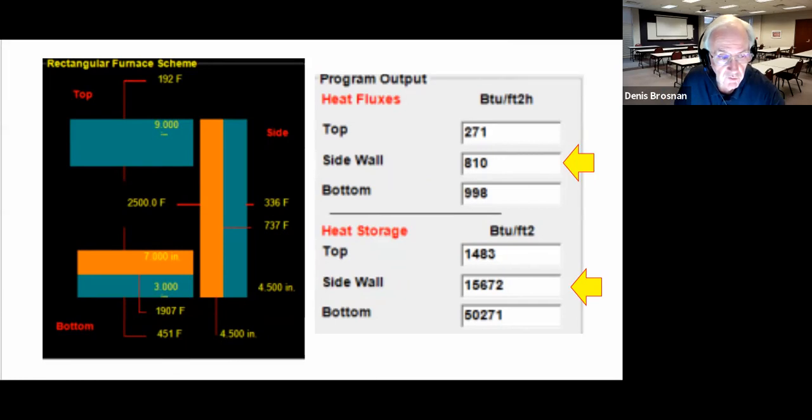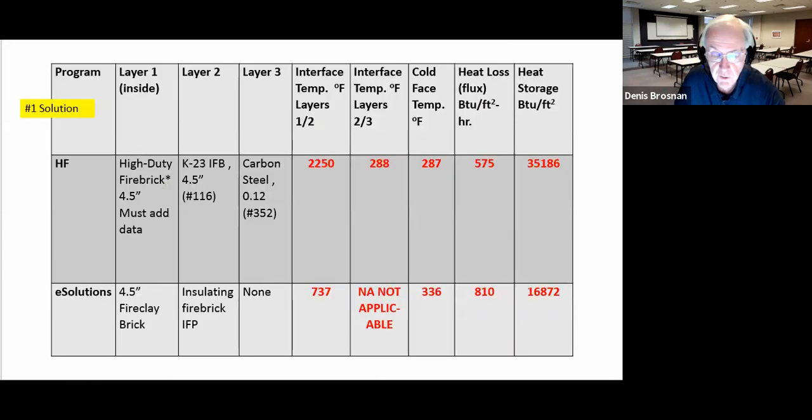So that gave us a couple of places that we could enter the data. And what we find is that when we do these, for reasons that are hard for me to explain, they get a very high number here for the interface temperature with the heat flow program.